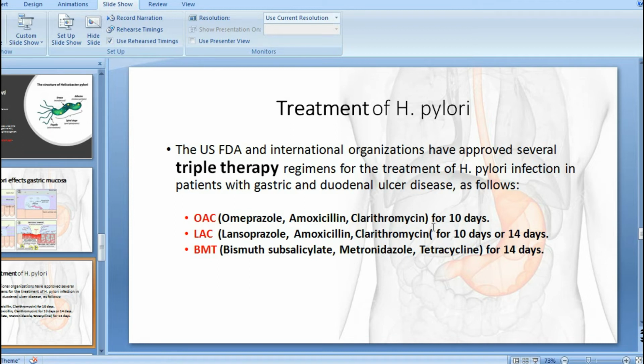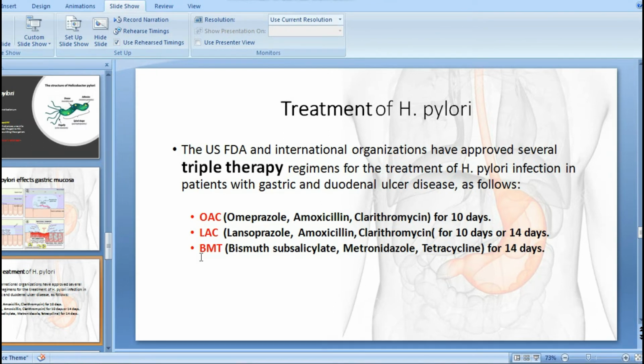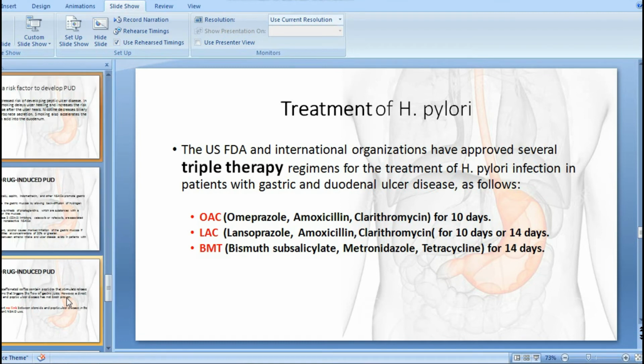This is for 10 days. Similarly, LAC: lansoprazole, amoxicillin, and clarithromycin for 10 to 14 days. The next one is BMT: bismuth subsalicylate, metronidazole, tetracycline for 14 days.